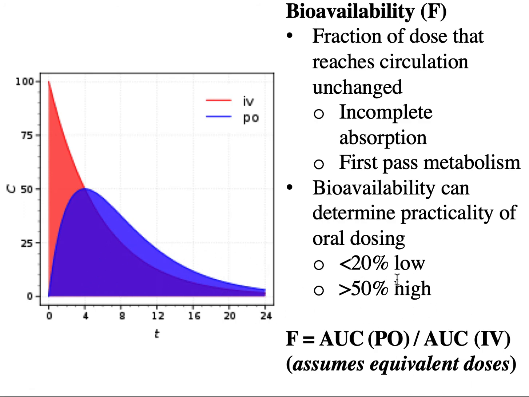What you want to see is the bioavailability, and the difference will tell you if you can give the drug orally or not. If 50% of the drug is available orally as compared to IV, then that's awesome. You can give that drug orally, 50% and above.